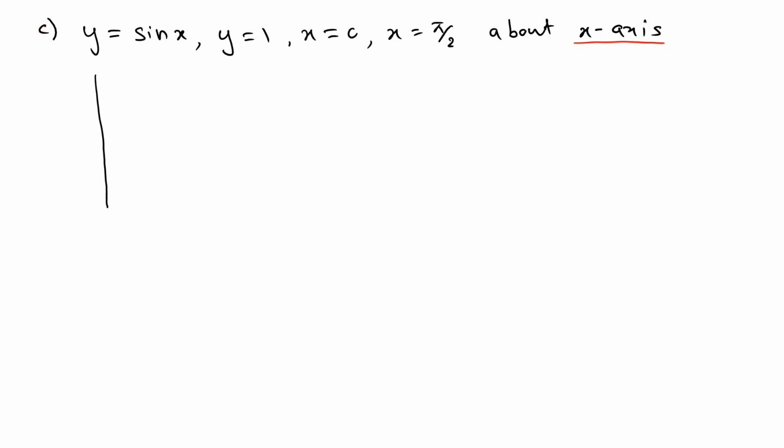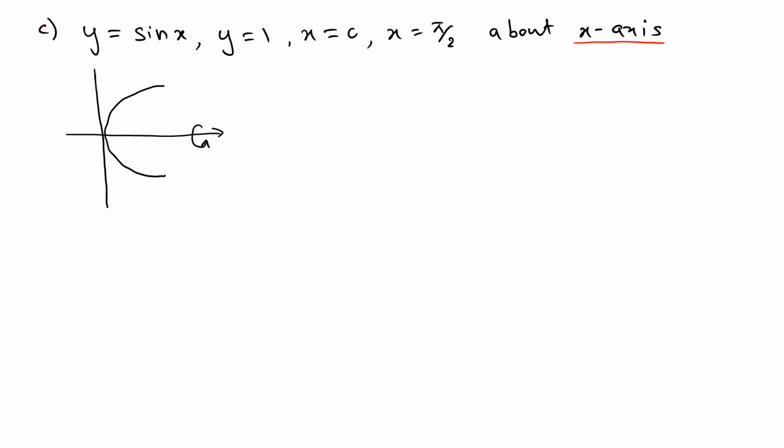So we have the x-axis. There is a sine curve. So what's going to happen? You're going to rotate about the x-axis. This is going to jump to the other side. So where's the region?